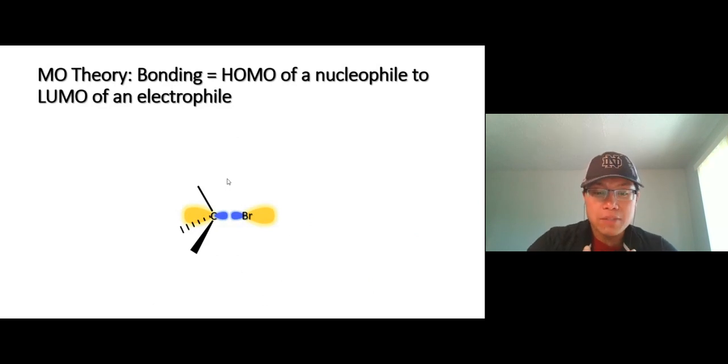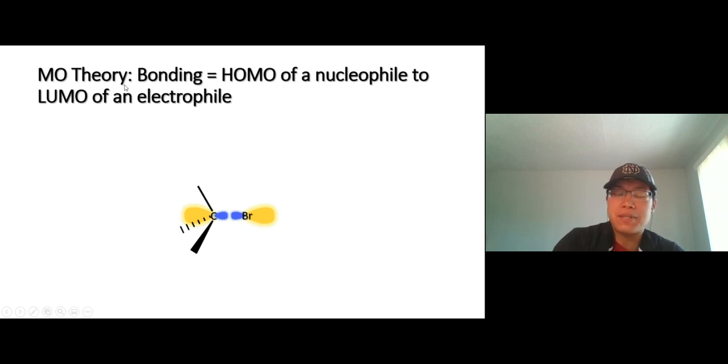Some people usually ask me, why does SN2 not do a front side attack? Okay, here's the reason. We use molecular orbital theory, which is another theory, different from valence bond theory, to explain it.